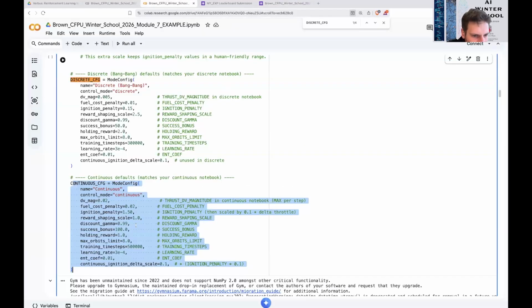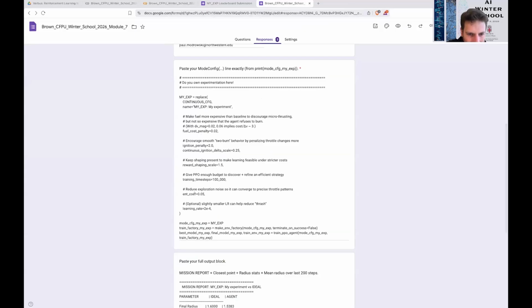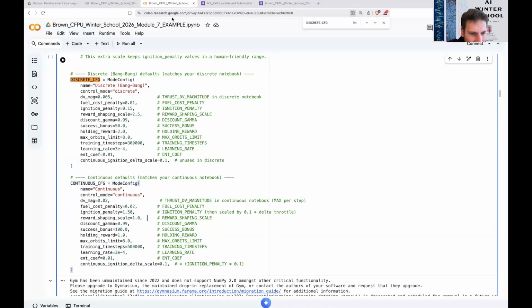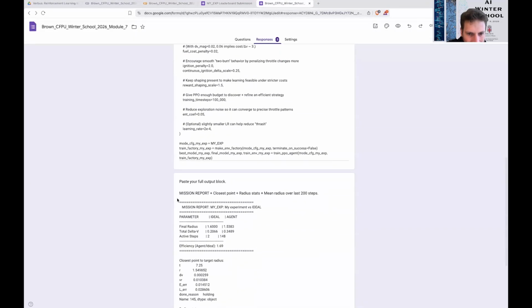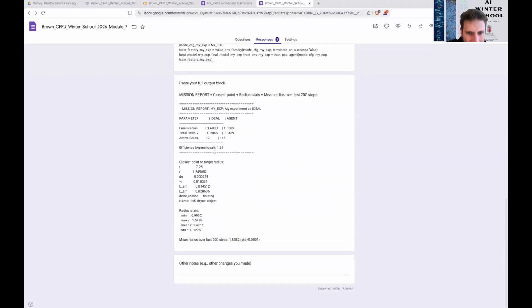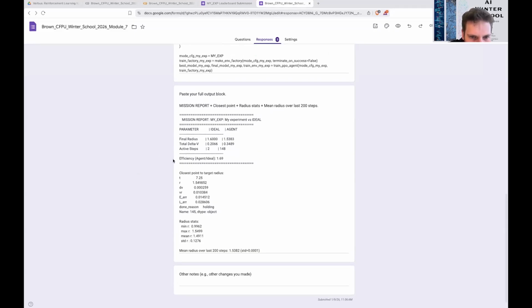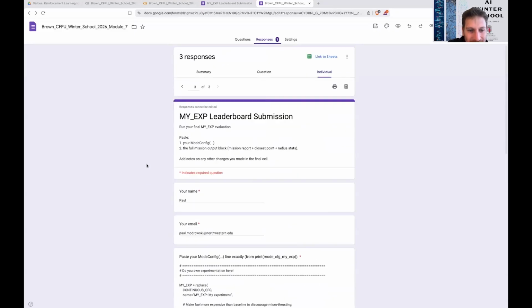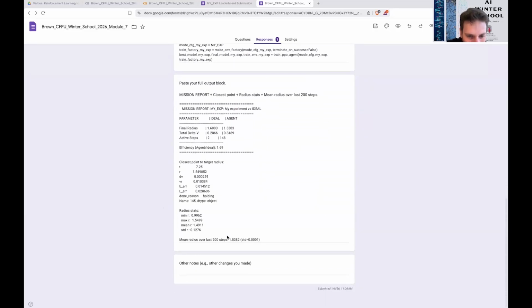The change in reward shaping, and then fewer time steps, more entropy, and a change in the learning rate. Interesting. Oh, so nice. So it looks like given this plus a little bit of randomness, Paul was able to get a better result than I was able to show.